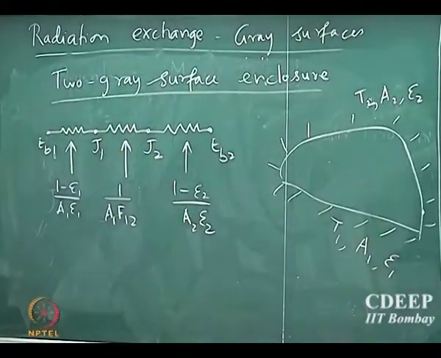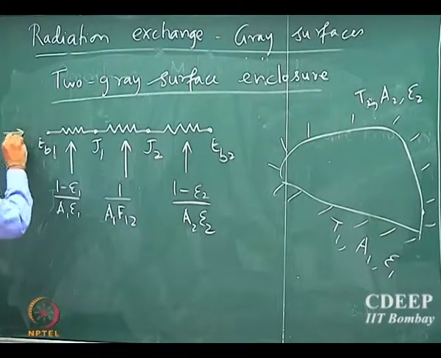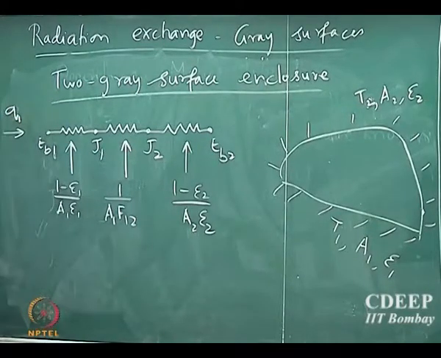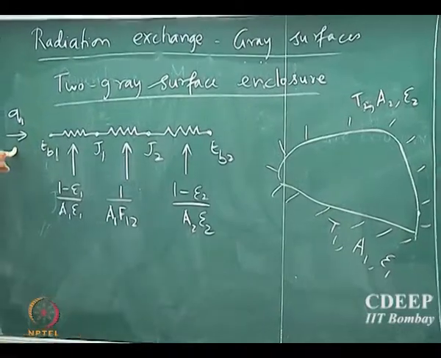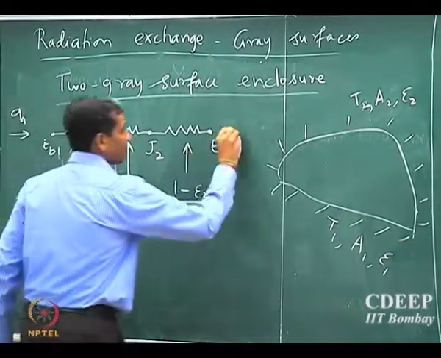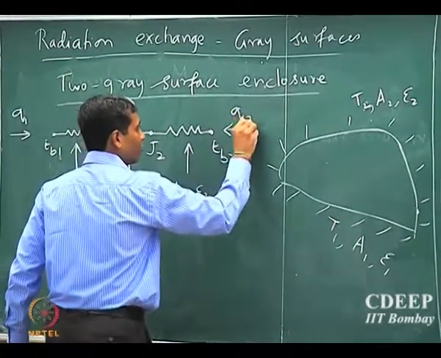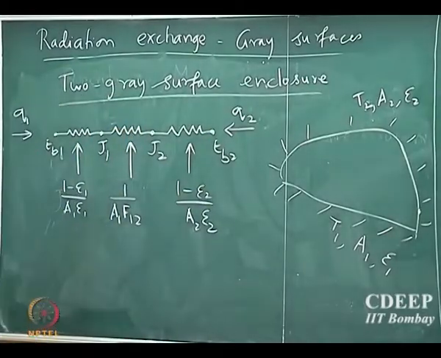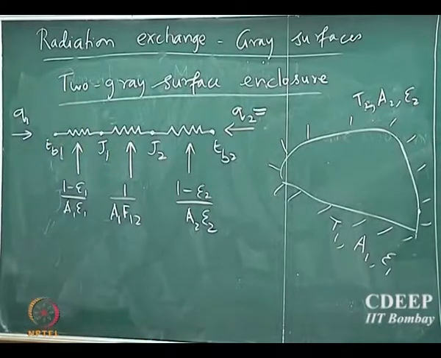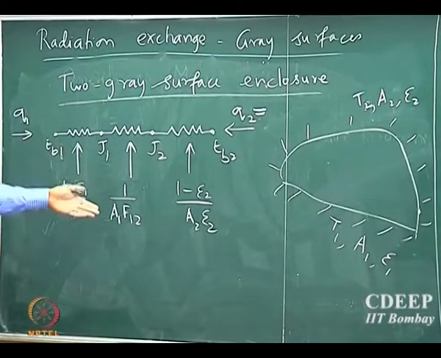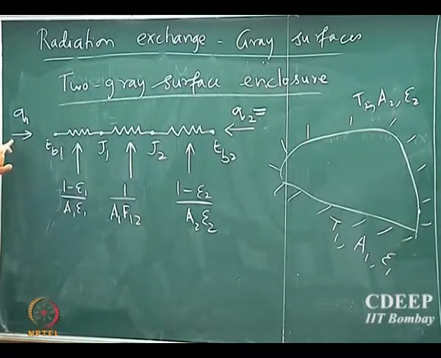Okay. So, now simply based on the resistance concept, so if Q1 is the net radiation exchange between the two surfaces from the surface 1, okay, then what will be Q2? So, this is the net radiation exchange with respect to surface 1, right. So, what is Q1?